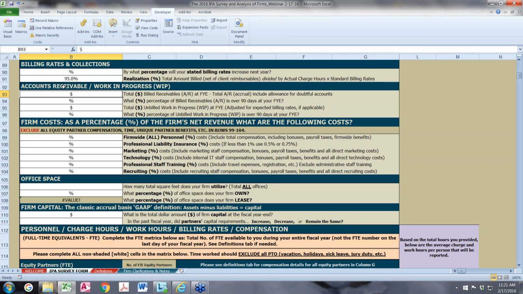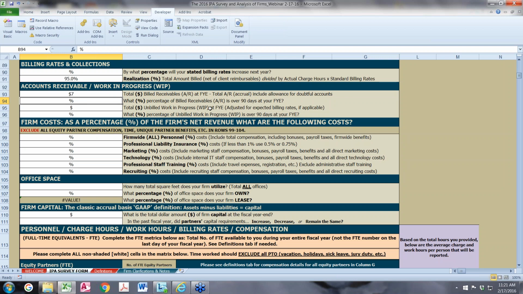All right, let's move on to the accounts receivable section here, starting in row 93. This area is pretty straightforward. Total accounts receivable in row 93 on accrual basis, and please include any allowance for doubtful accounts when providing a number for row 93.